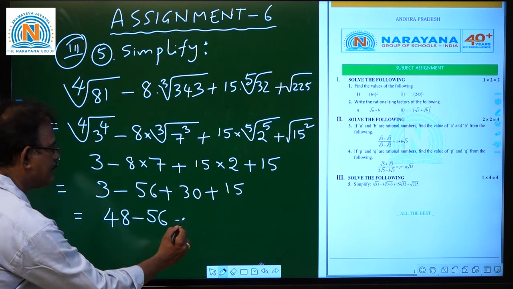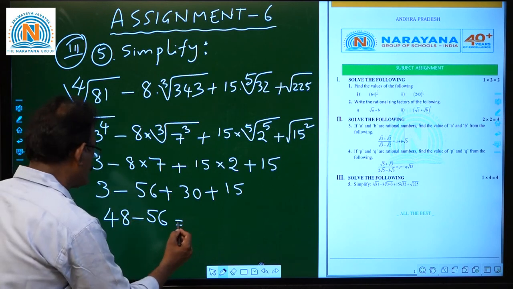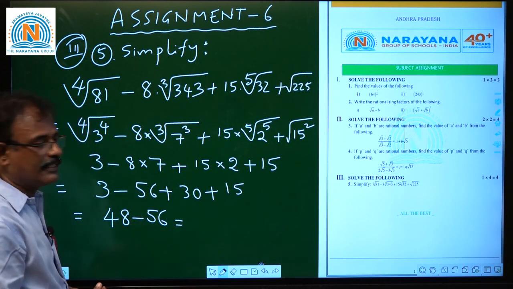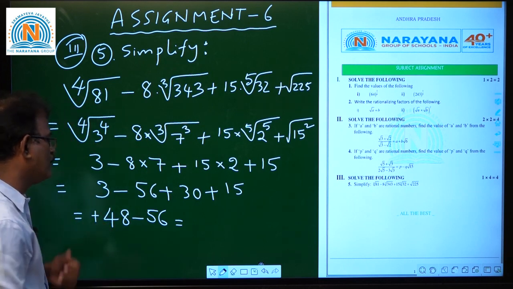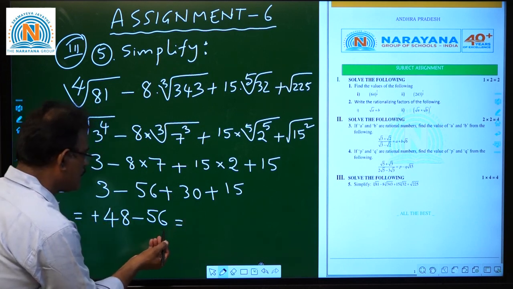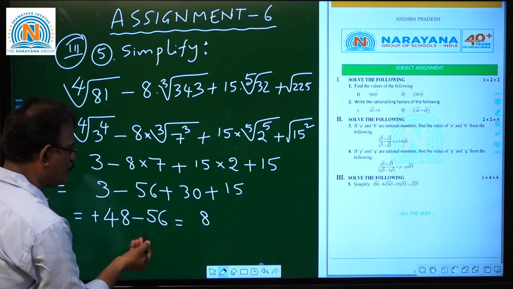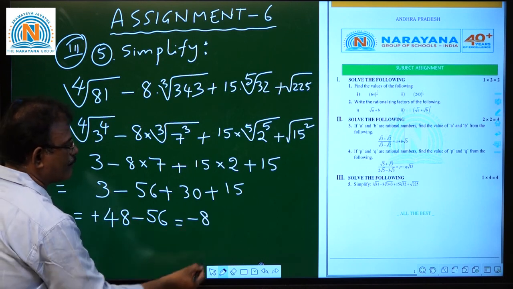So 48 minus 56 as it is, as the symbols are positive and negative. Let us do the subtraction first. 16 minus 8, 8, 4 minus 4, 0. Symbol of the biggest.